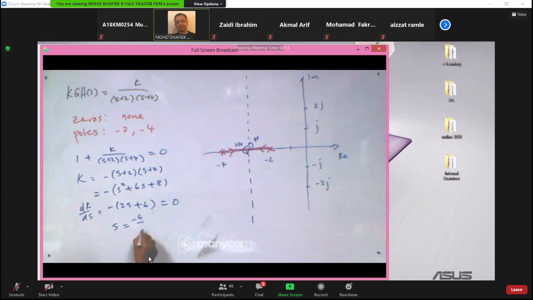Okay, so now we obtain the breakaway point. It so happened that the breakaway point is -3, coinciding with the intersection of the asymptotes. So we know that this is the breakaway point, -3, and then we can come here and finish our drawing.